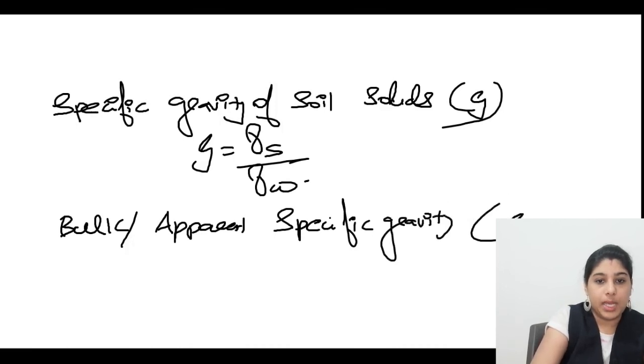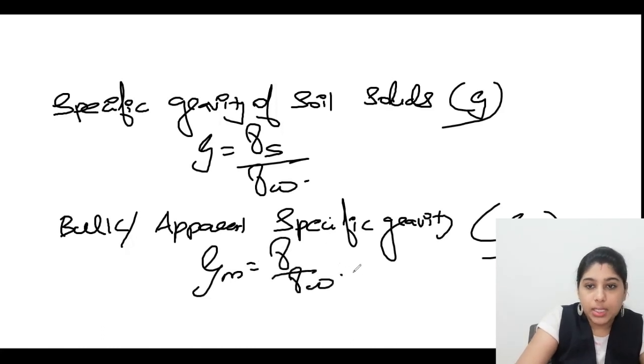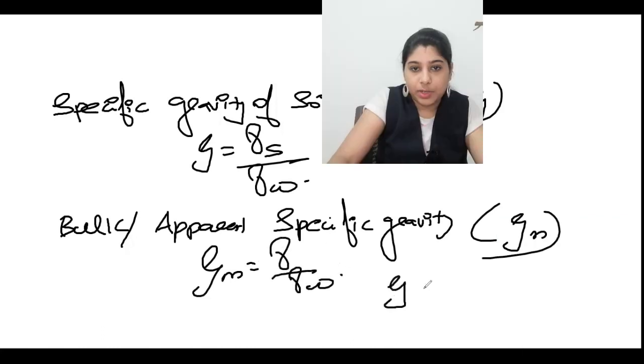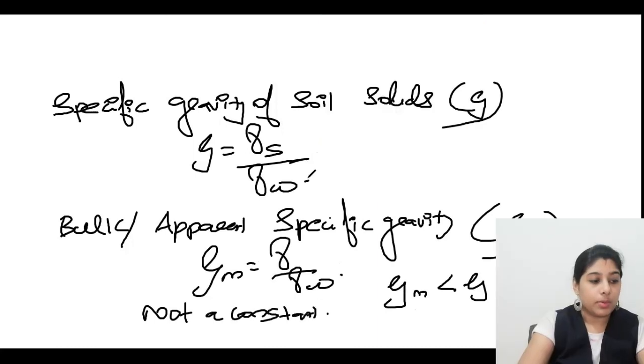So Gm will be gamma by gamma W. Every time this bulk or apparent specific gravity will be less than the specific gravity of soil solid, and this Gm value is not a constant value, it will change. Specific gravity is defined as the ratio of the weight of a given volume of soil solid and the weight of an equal volume of distilled water at a given temperature, 27 degrees Celsius, both weights being taken in air. So this is the general equation for calculation purposes.